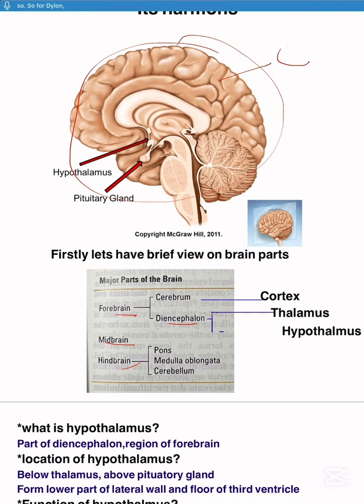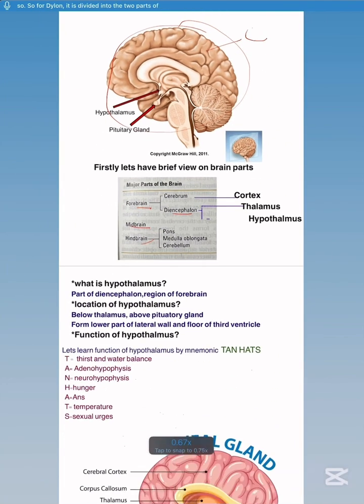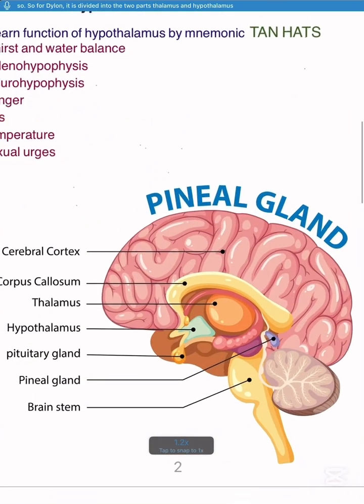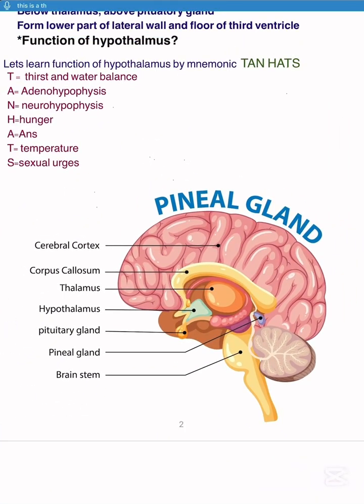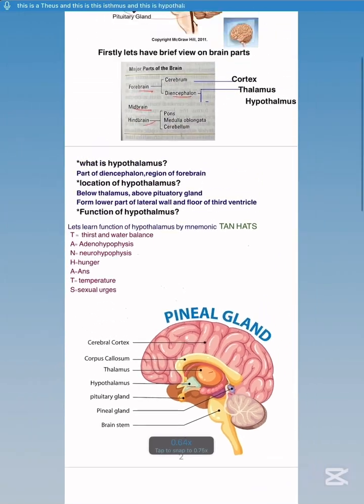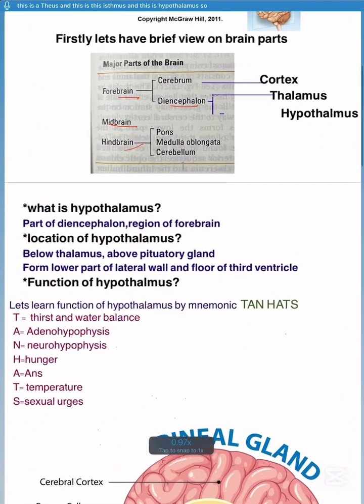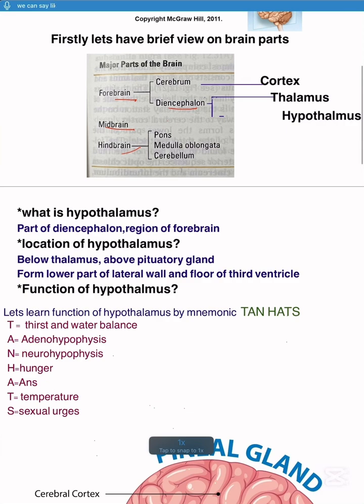The diencephalon is divided into two parts, thalamus and hypothalamus. This is a thalamus and this is hypothalamus. So we can say the hypothalamus is a part of the diencephalon, which is part of the forebrain.